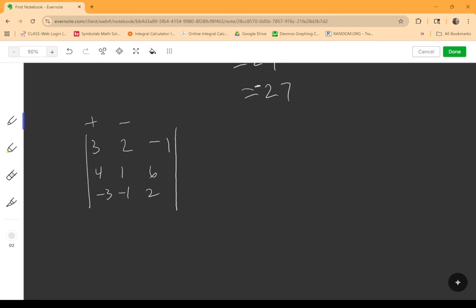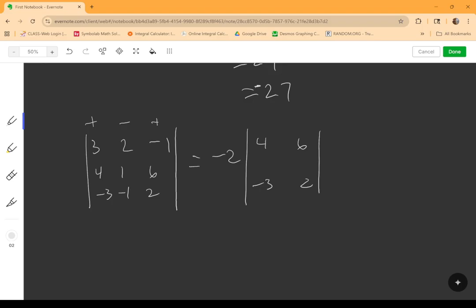All right. So the way that would work is I'll start off with a negative 2. Right. And again, the way this works here is my 2 is in the first row, second column. So if I cross out everything in row 1 and everything in column 2, the submatrix I'm left with is 4, 6, negative 3, 2.